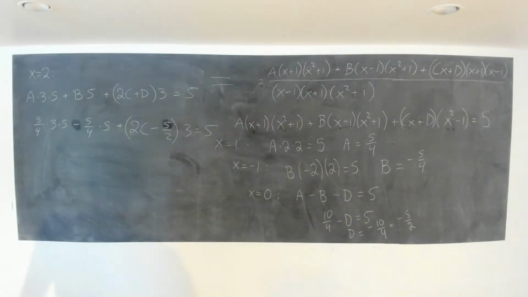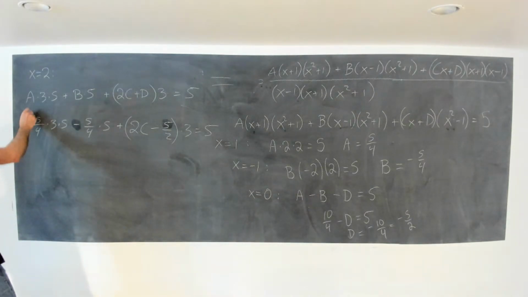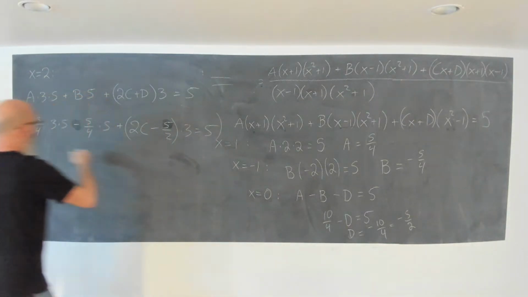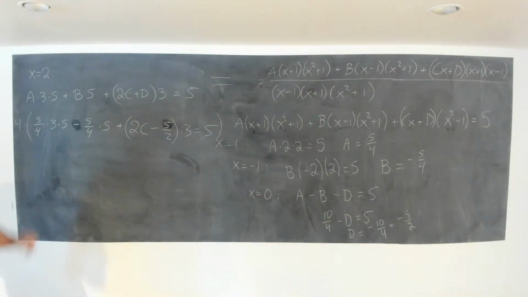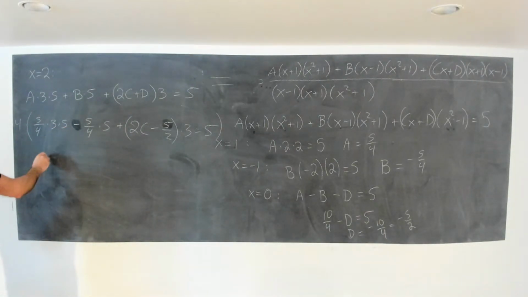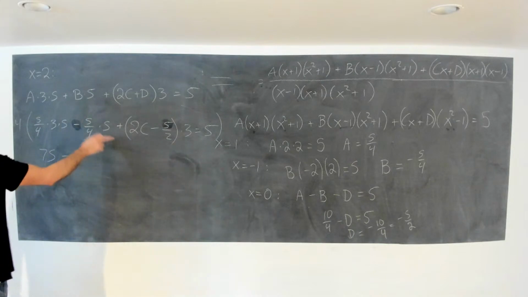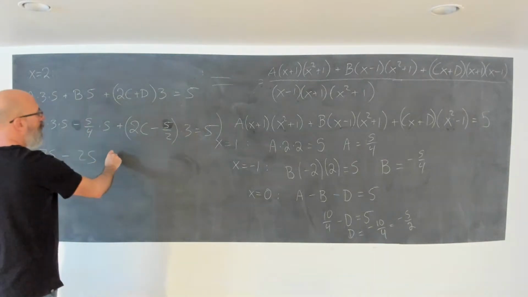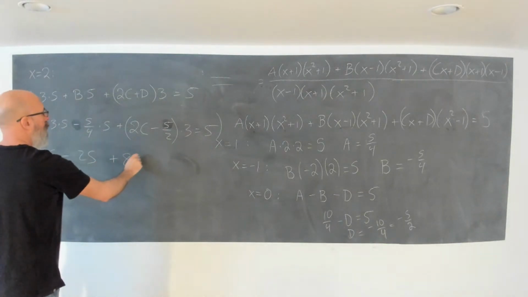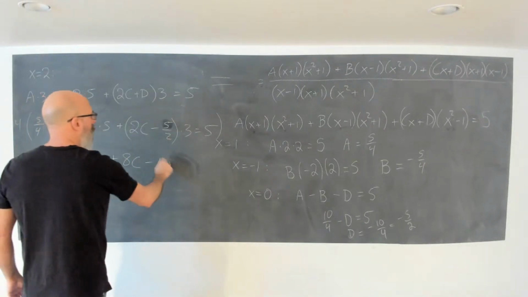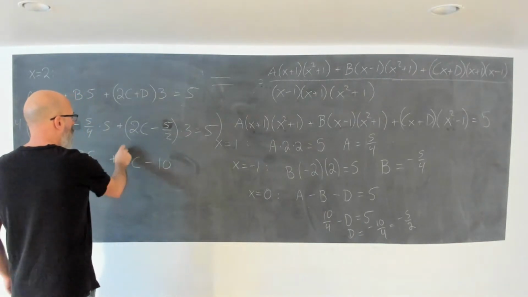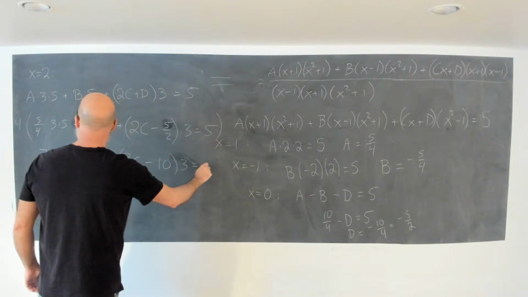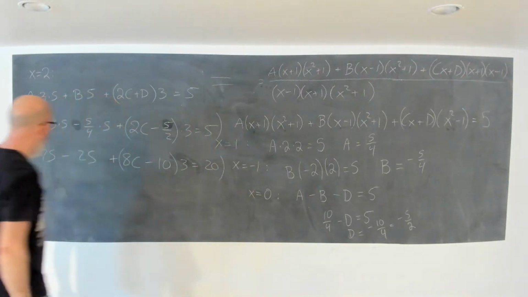Maybe we want to multiply by 4 to get rid of the denominators there. I'm just saying, you know, whatever you want to do. So that's 25 times 3, that's 75, minus 25, plus 8C minus 10, times 3 is equal to 20.